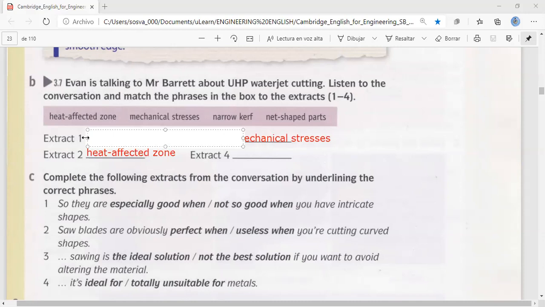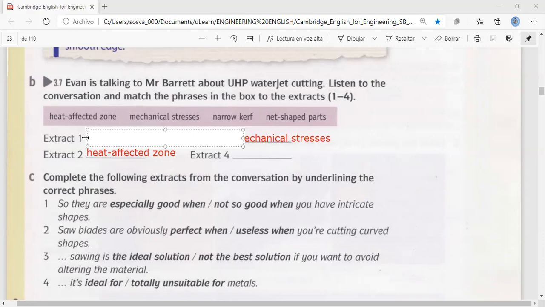I understand that extract 4 is cutting power, like abrasive water jet. Exactly. And they mentioned at the end about the millimeters. So which one would that be?